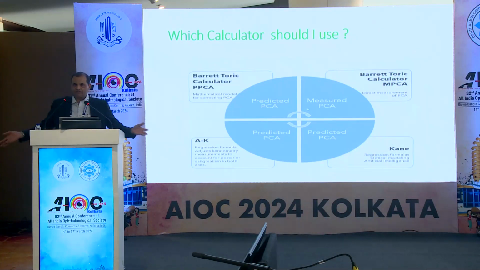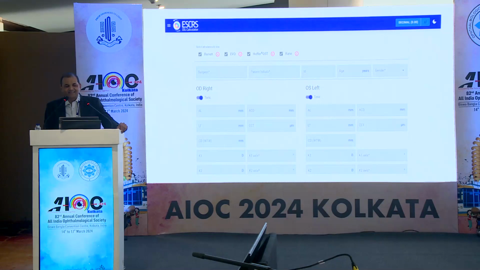So now so many calculators are there. What to use? Barrett with predicted or measured posterior corneal power, or an AIOC, or a Kane one? Again ESCRS has come to our help. They are giving 4 calculators online: Barrett, EVO, Hoffer QST and Kane. All these 4 calculators are available online with the same web-based technology.